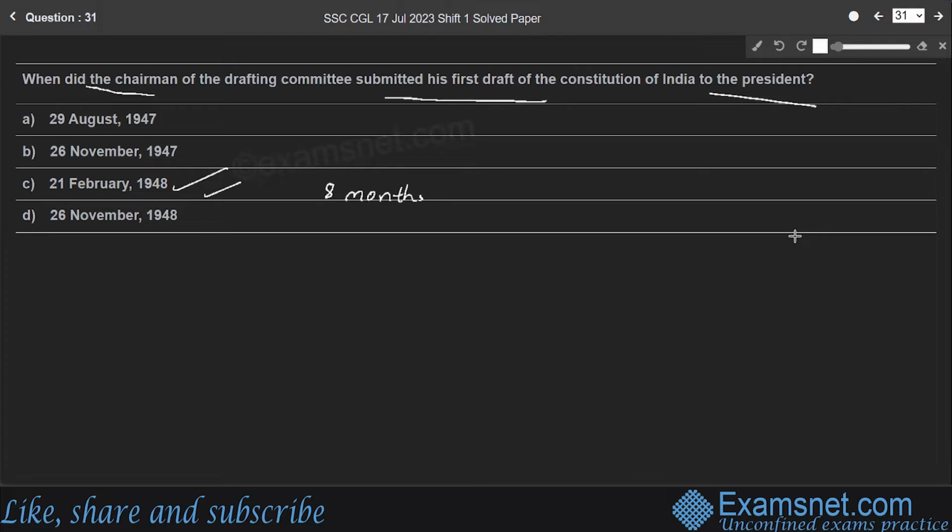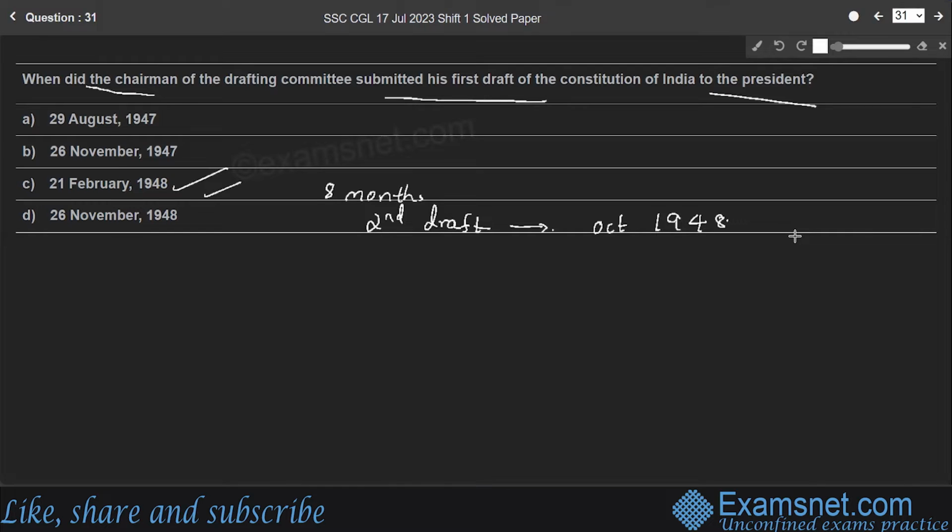In the light of the public comments, criticism, and suggestions, the drafting committee prepared a second draft, which was published in October 1948. The drafting committee took less than 6 months to prepare its draft.